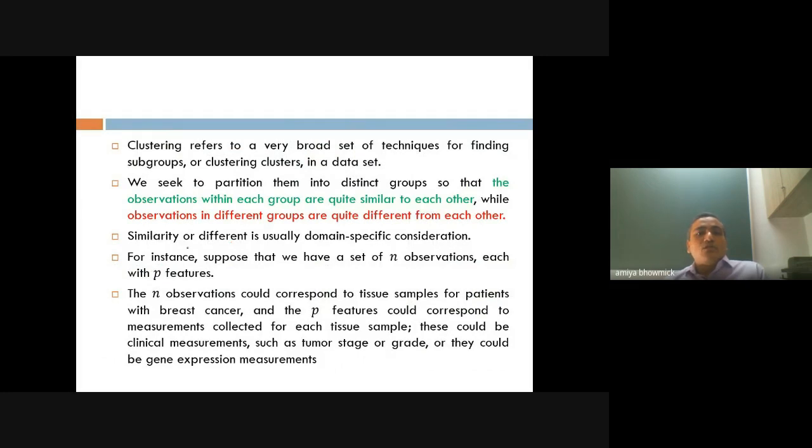Now, how similar they are or how different they are is a very domain-specific consideration, because it measures the distance between points.